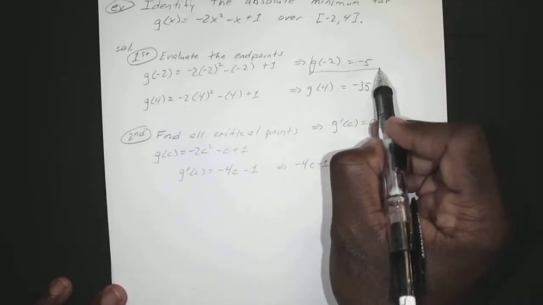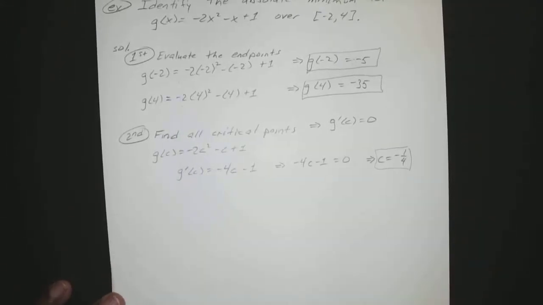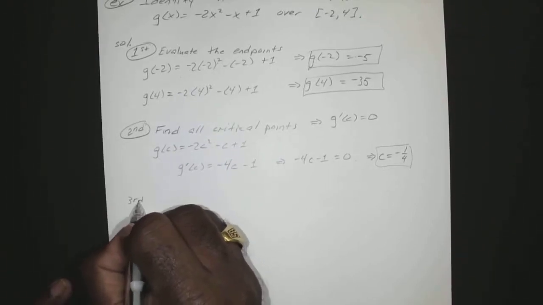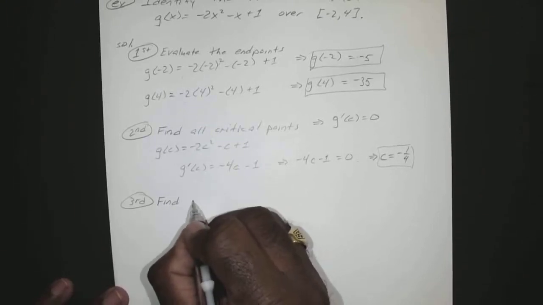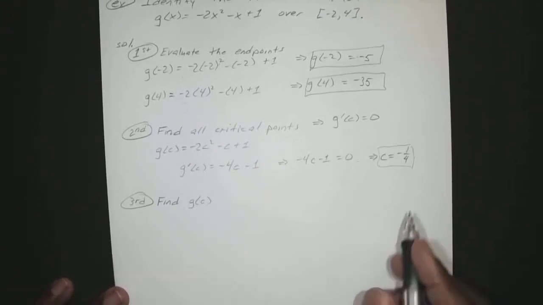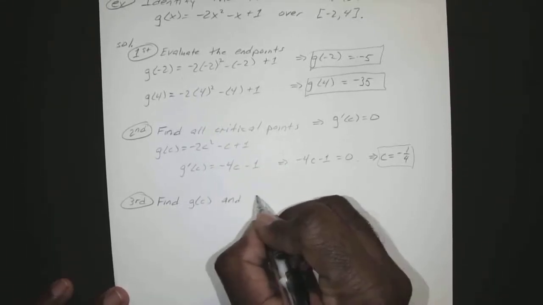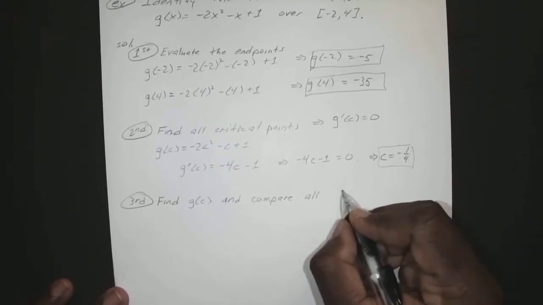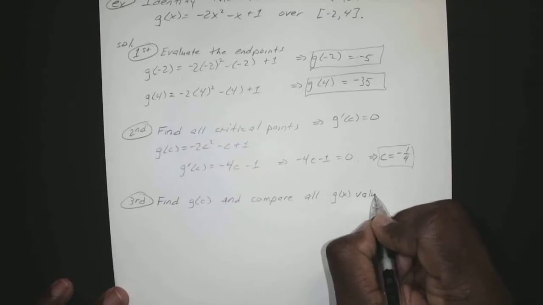Okay, so we have our g of negative 2, our g of 4, and we know c is equal to negative 1/4. So our third step is we're going to find g of c. It means we're just going to plug that into our original equation and compare all g of x values.